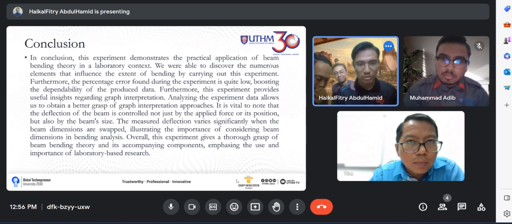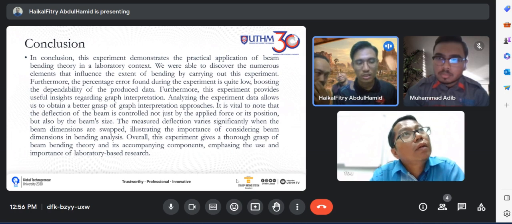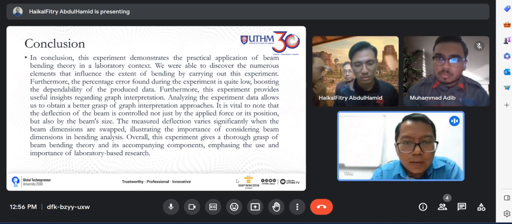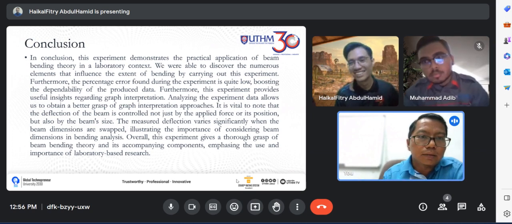Buckling of strut. Yes. Okay, I take note. Buckling of strut, the second experiment.